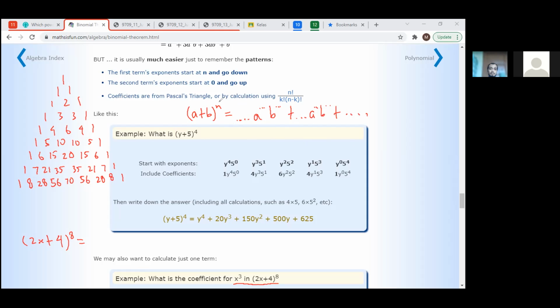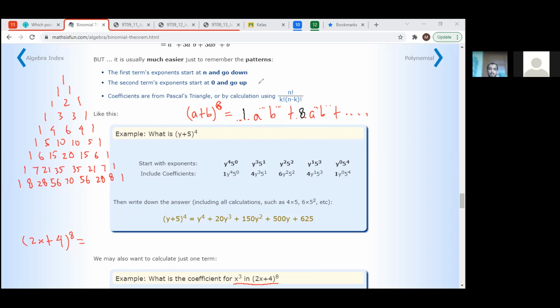In the case of power of 8, the coefficient for the first term is 1, and then the next one will be 8, and then the next one will be 28, times a to the power of something, b to the power of something.